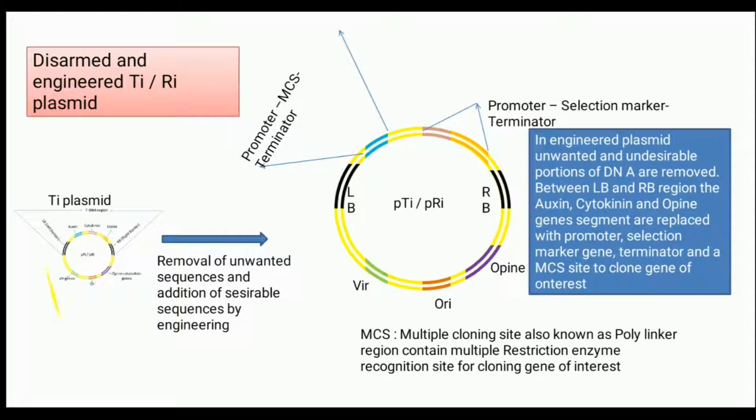So this is the original Ti plasmid and this one is the modified or engineered disarmed Ti plasmid. It has an origin of replication, opine catabolism genes, Vir genes, and the sequences between the left border and right border are replaced with a multiple cloning site where we can clone the gene of interest. In addition, the gene coding for a selection marker along with promoter and terminator sequences is also present.